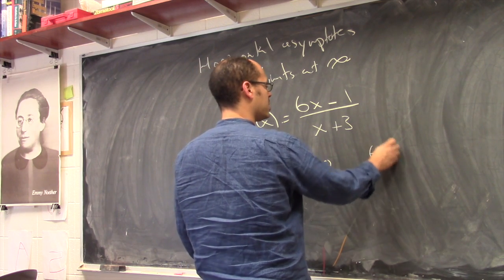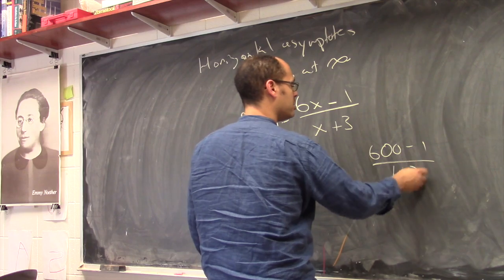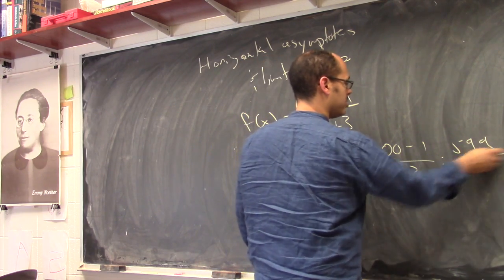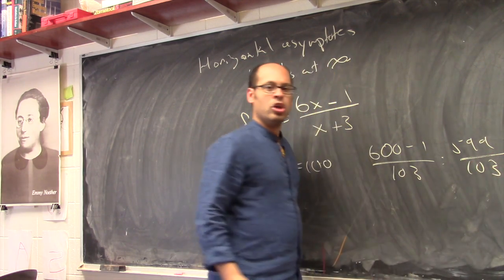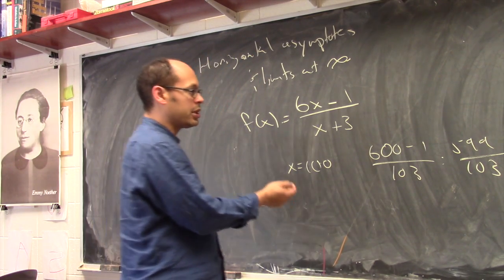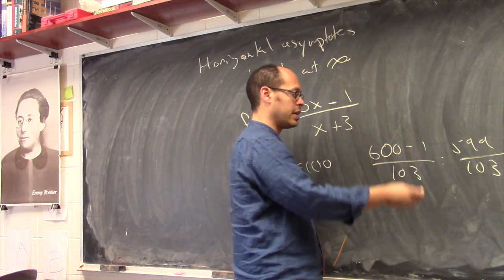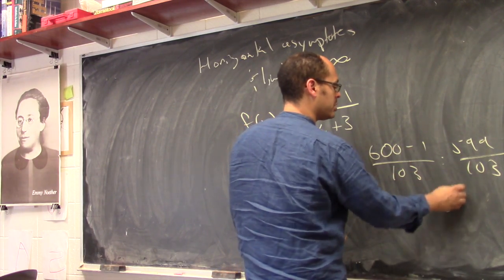Then what you can see is what we get. We get 600 minus 1 on the top over 103, so 599 over 103, which is actually pretty close to, if I just had 600 over 100, pretty close to 6.